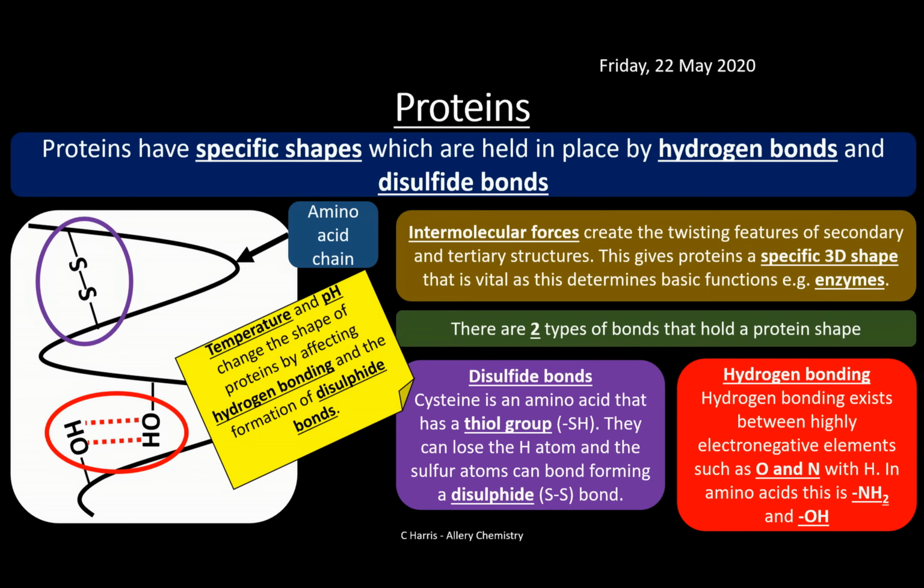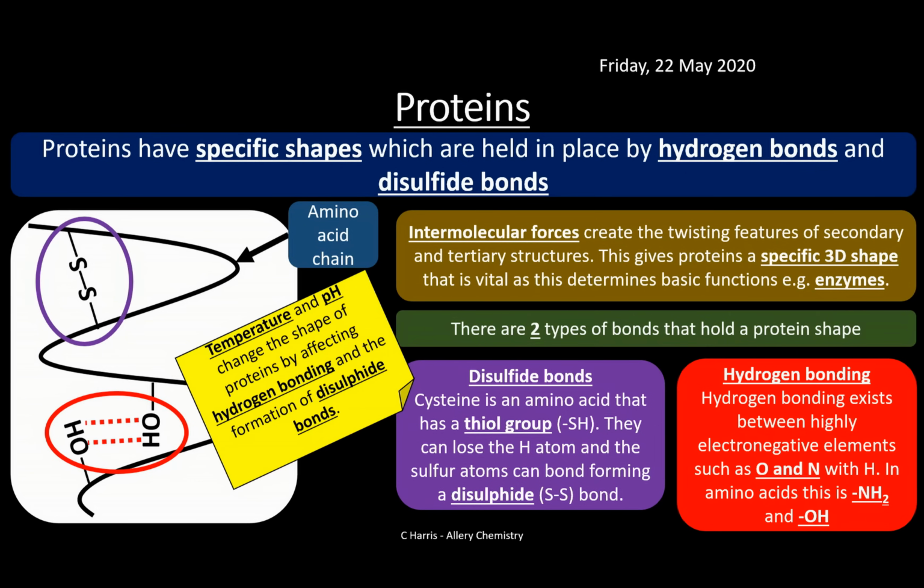Hair is protein, and it forms a specific shape when you put hair straighteners in. I seem to talk a lot about hair considering I don't have much myself, but it does work. You can see the shape of your hair changes when you apply heat to it. You're effectively altering or realigning that protein shape. So there's an example in real life.